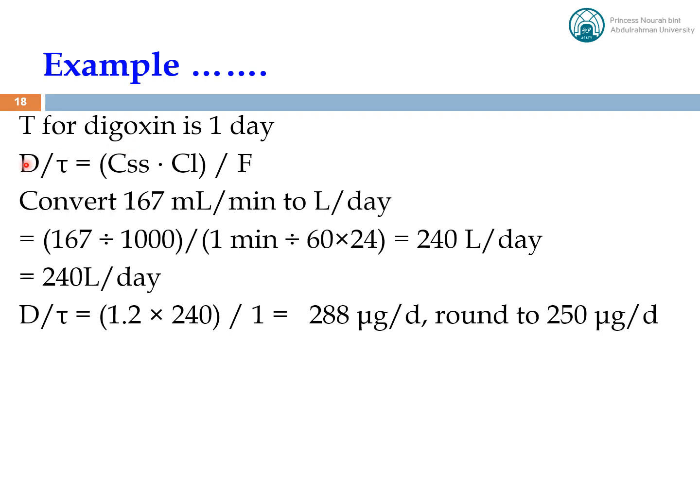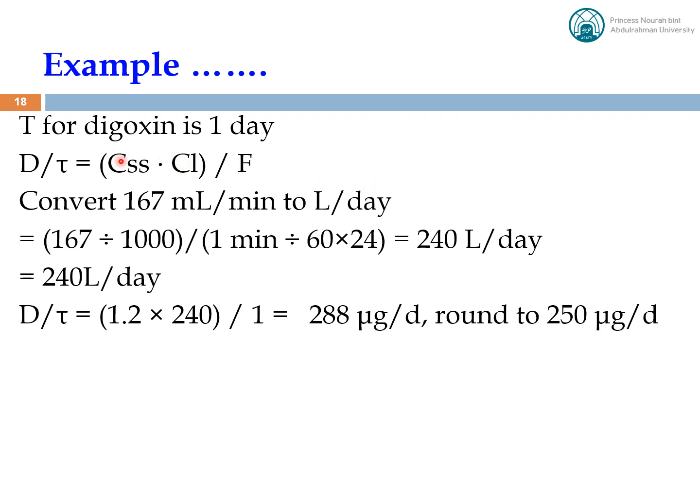So the maintenance dose divided by tau will equal steady state concentration multiplied by the drug clearance. This is not the creatinine clearance here. Divided by F. So convert the 167 milliliters per minute into liters per day. Why liters per day?